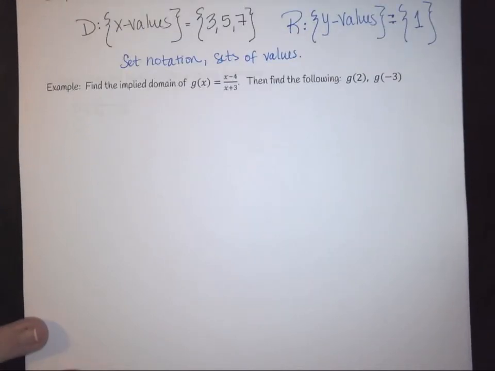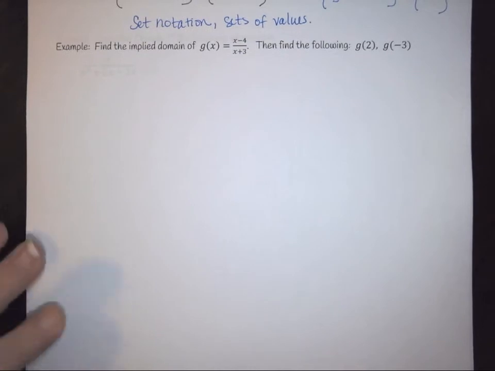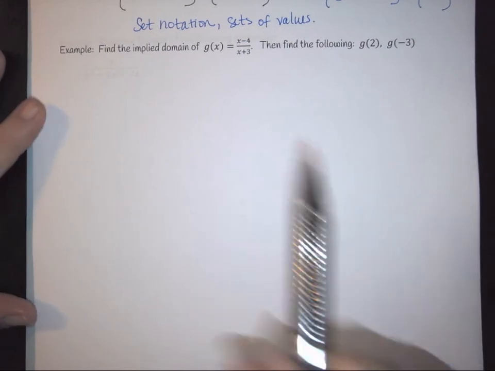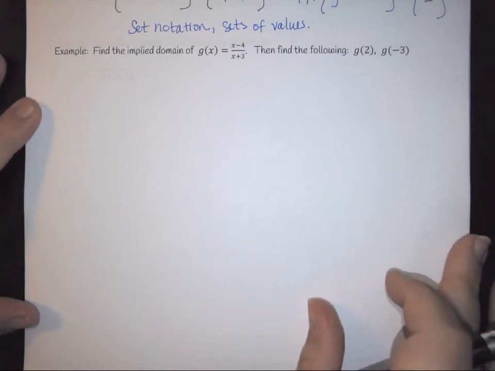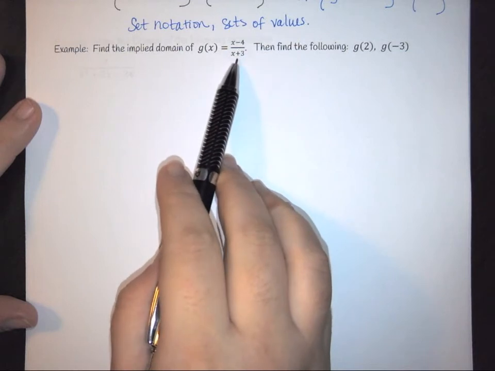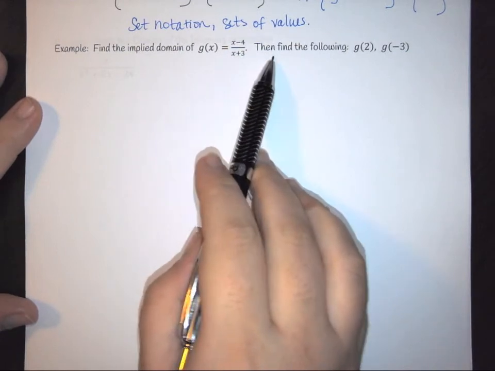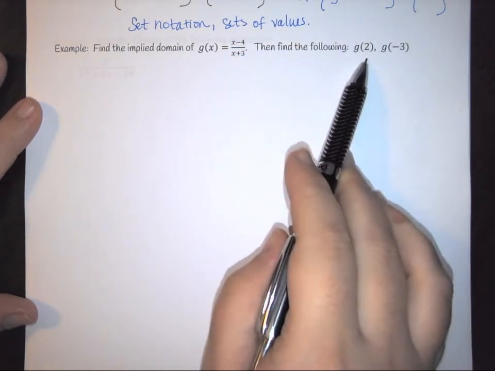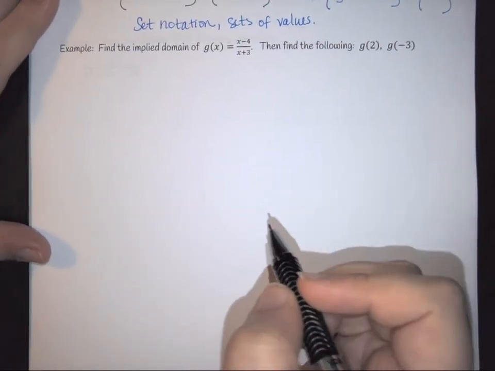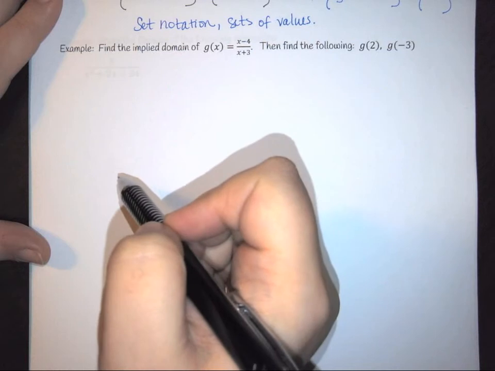Now, interval notation is going to occur during this next example. So here we want to find the implied domain of g of x, which equals x minus 4 over x plus 3, and then we want to evaluate the following. So the first thing we have to do is find the implied domain.